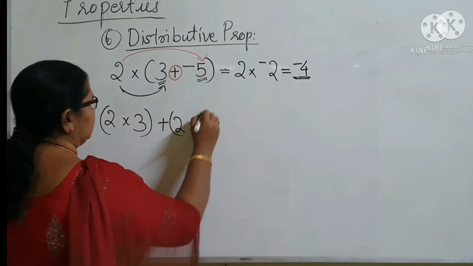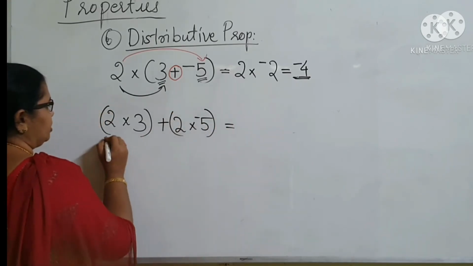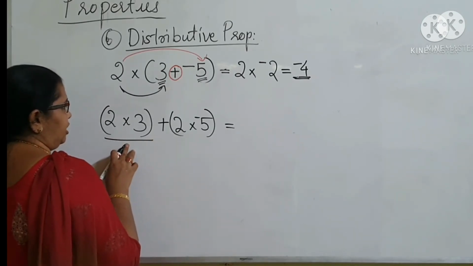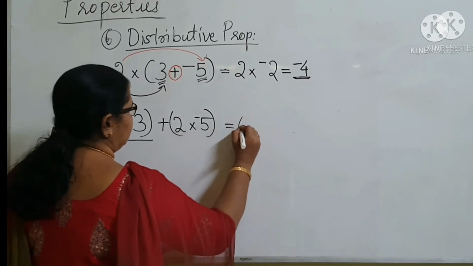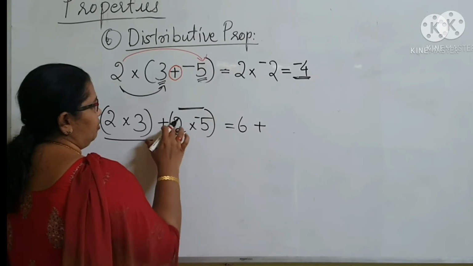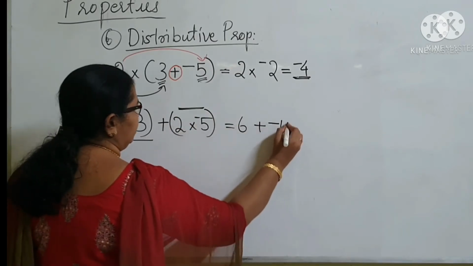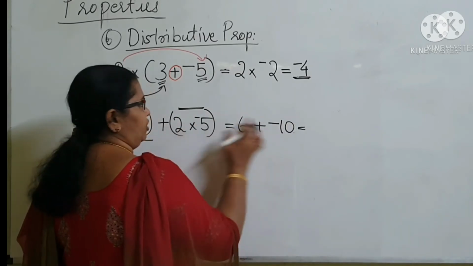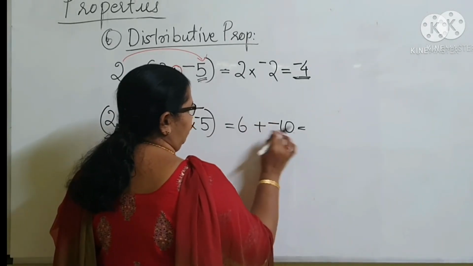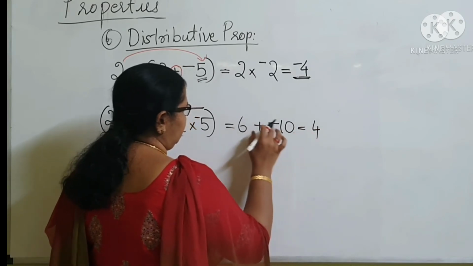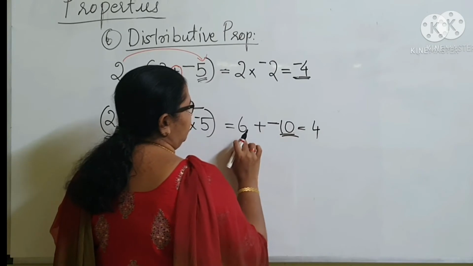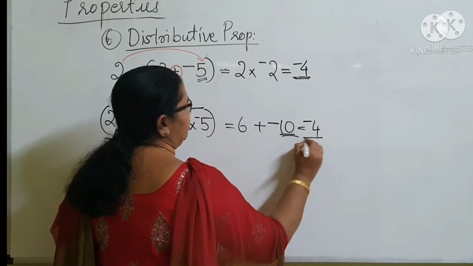First do the multiplication 2 into 3, which is 6, plus 2 into negative 5. 2 into 5 is 10 and positive into negative is negative 10. Then 6 plus negative 10: subtract them, 10 minus 6 is 4, and place the sign of the bigger integer. 10 is greater than 6, so negative 4.